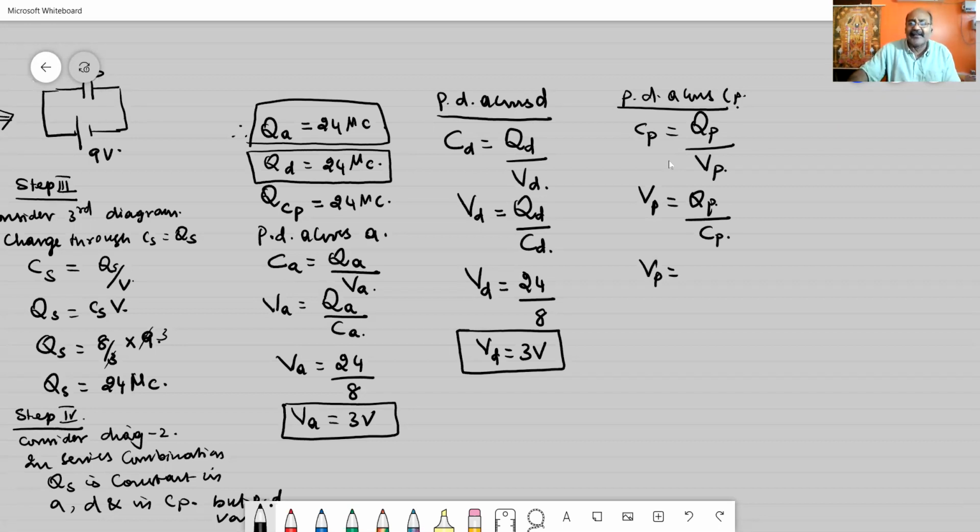So VP equals QP, 8 microcoulomb divided by, what is CP? We have calculated CP as 8. So we can get VP is equal to... not 8, that isn't it? Yes, QP is 24, sorry. You have to consider it as 24. So 24 divided by 8, again we get 3 volt. Isn't it?